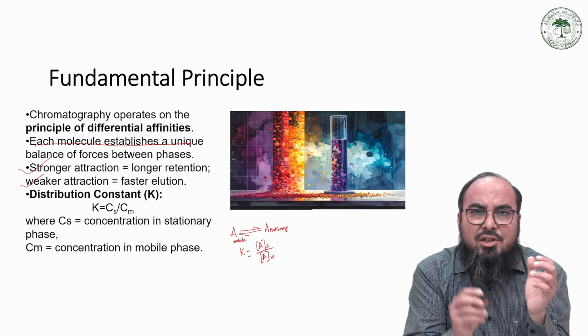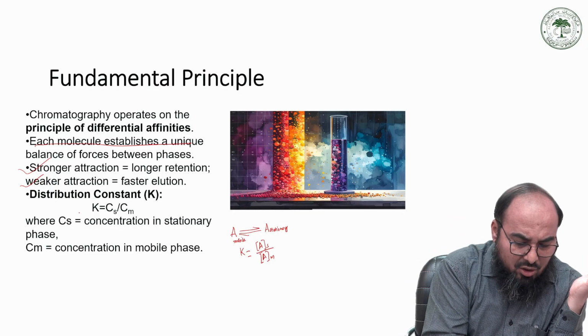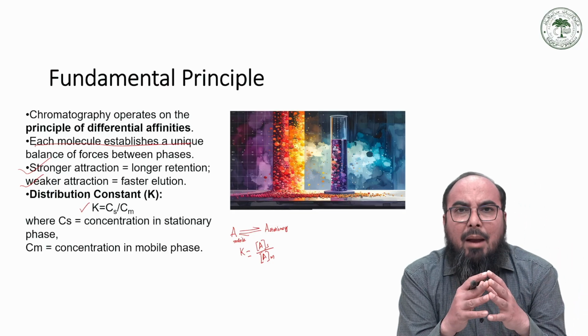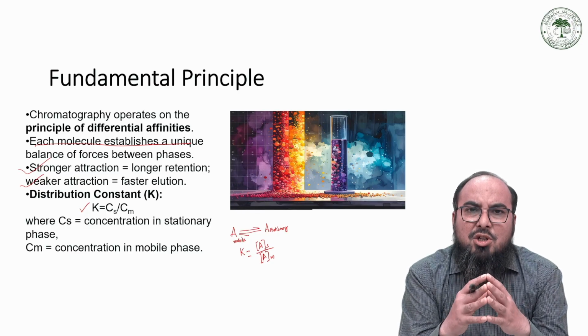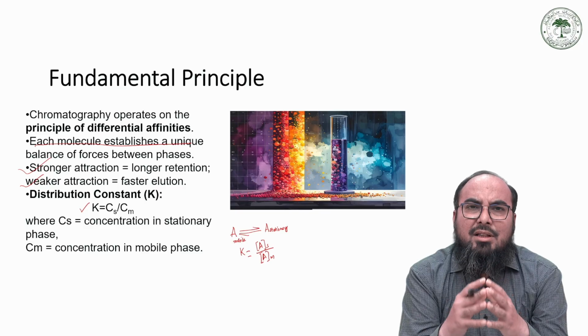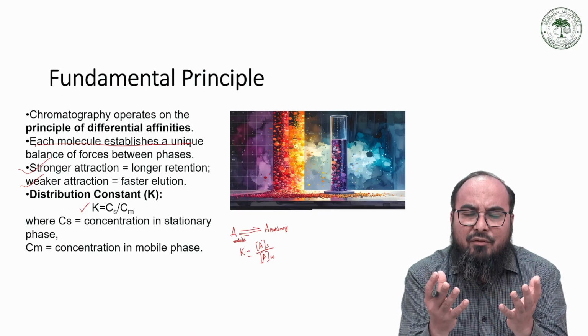This is also called the distribution constant, simply defined by capital K, that is Cs upon Cm, the concentration of the solute in the stationary phase divided by the concentration of the solute in the mobile phase.